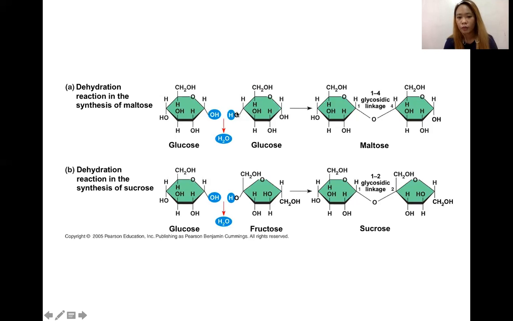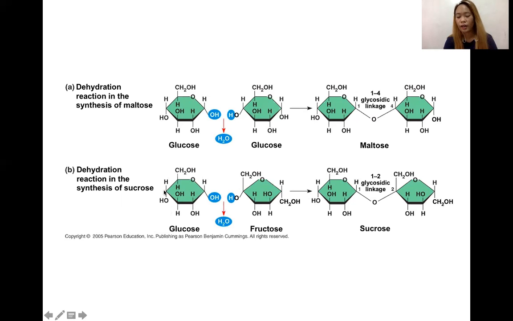And then in between them, we are forming what is called the glycosidic linkage or the glycosidic bond. So here, the oxygen connects the glycosidic bond. So again, if I'm adding glucose to another glucose, I am forming maltose. So this is already a disaccharide.